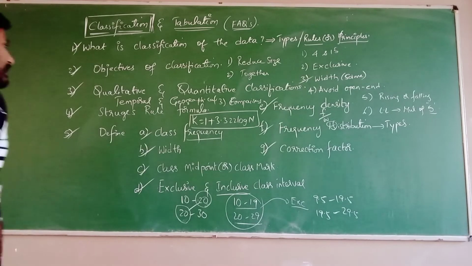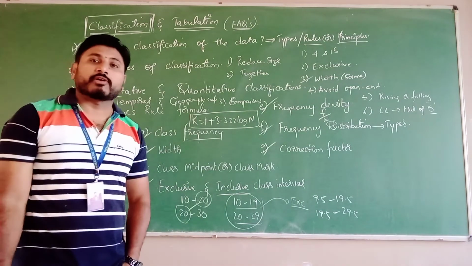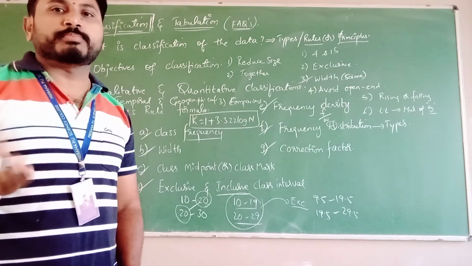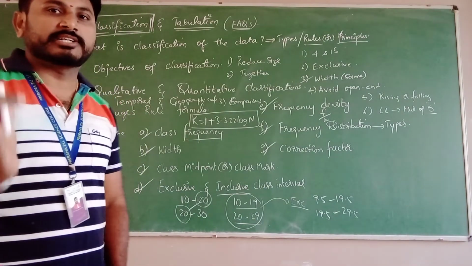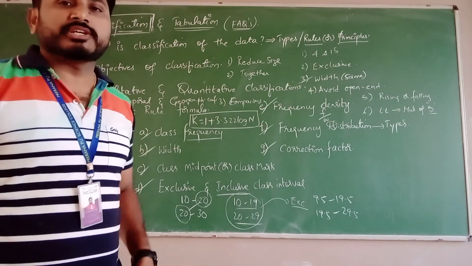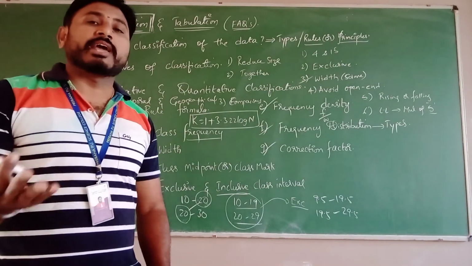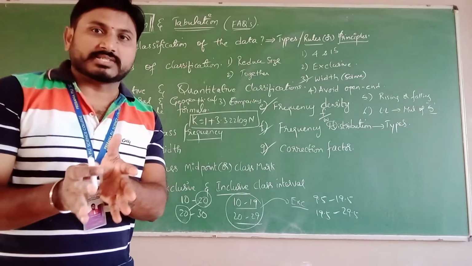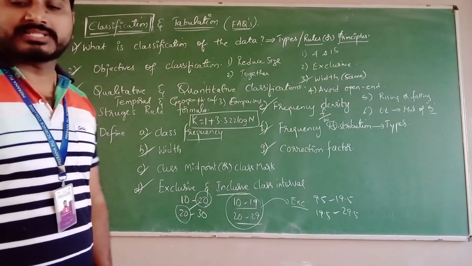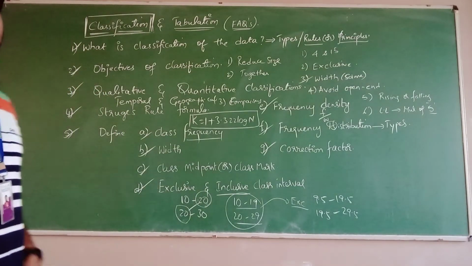Temporal classification is the data classified according to time or period. Geographical classification means the data classified according to areas or locations. These are the four different types of classifications.